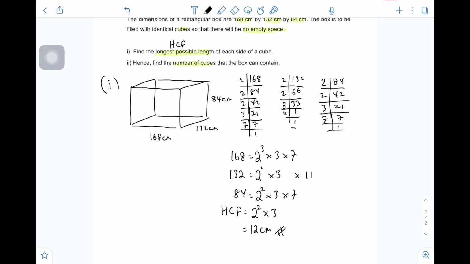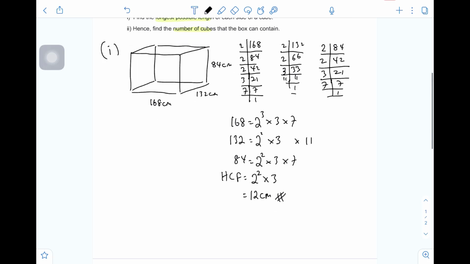Hence, find the number of cubes that the box can contain. Part 2. Across the length, how many of these cubes can you fit? How many of the 12 cm can you have? 168 divided by 12, 14 cubes across the length.